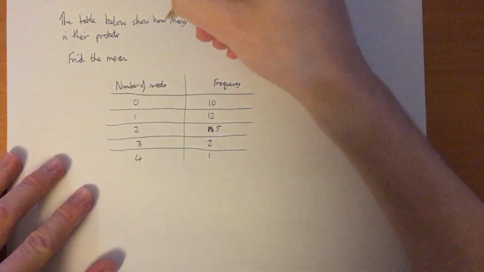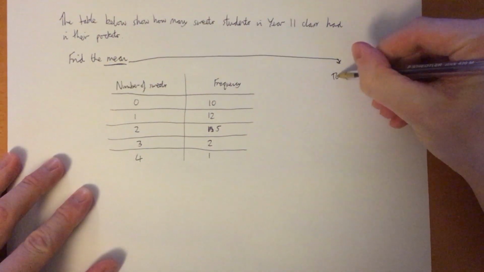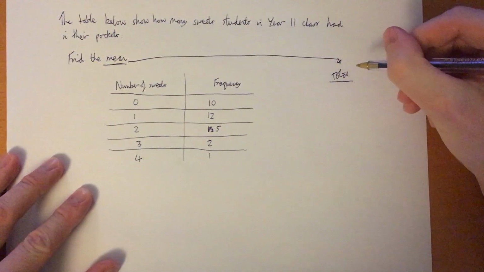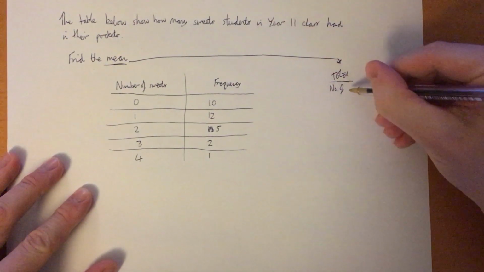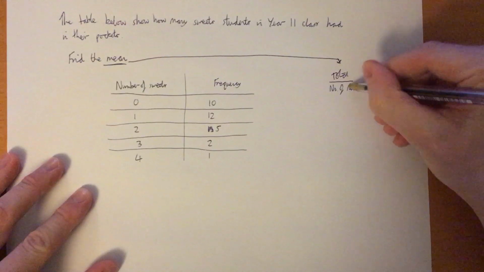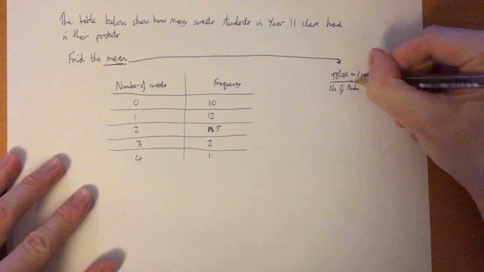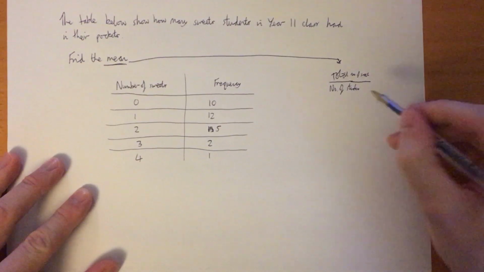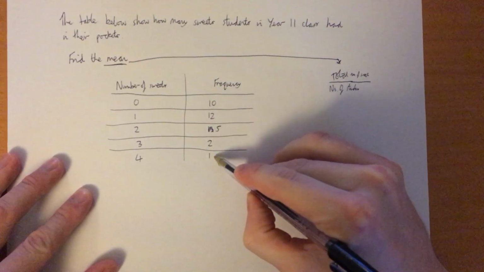So to find out the mean, we know it's going to be the total divided by the number of, in this case, students. So total number of sweets divided by the total number of students. So firstly, let's find the total number of students. Well, that's represented by this.